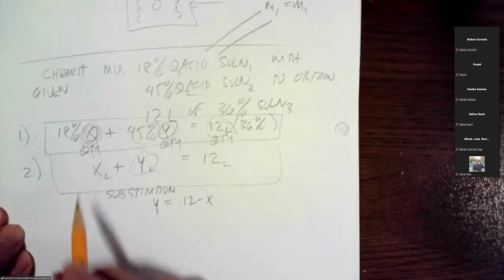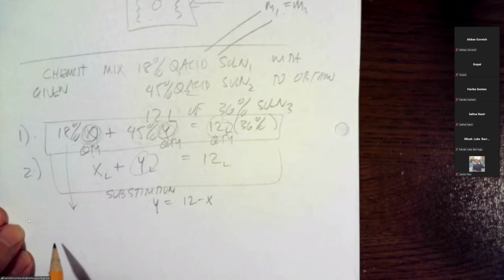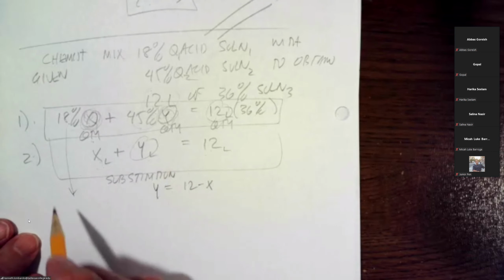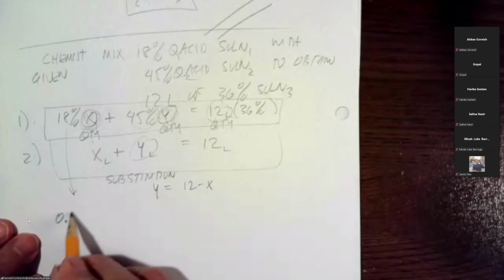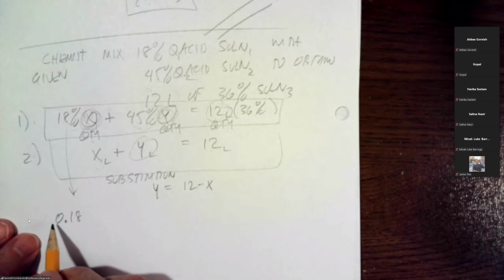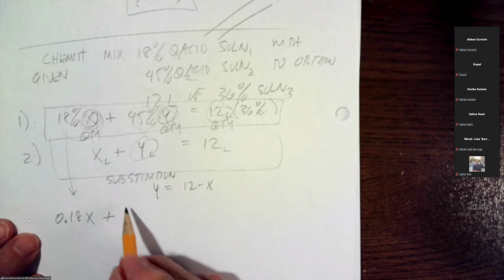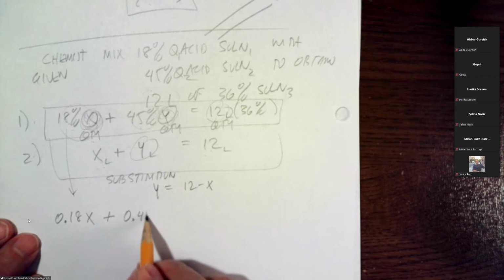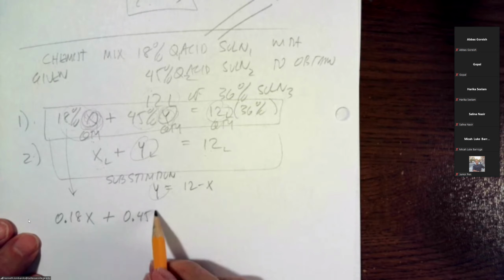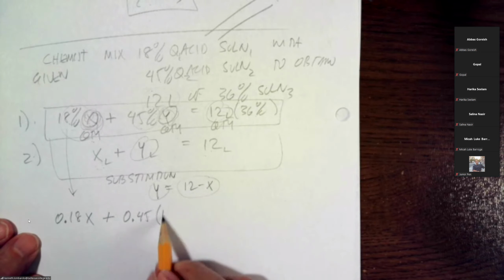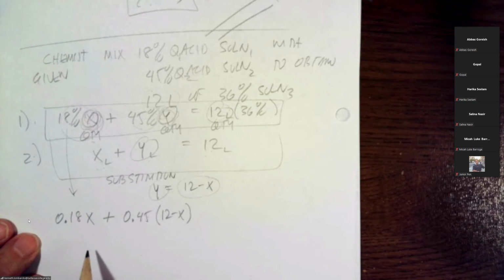So if I go up here, 18%, when I'm using that in equations, becomes 0.18, doesn't it? 0.18x for this part plus 0.45y. I've said that y is the same as 12 minus x.